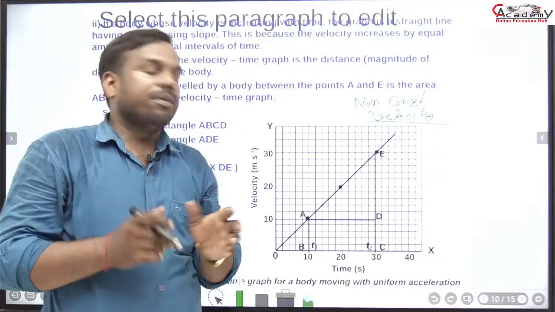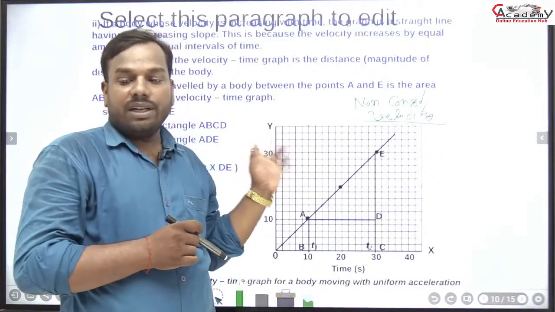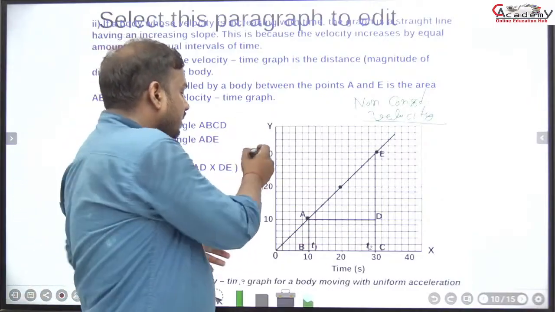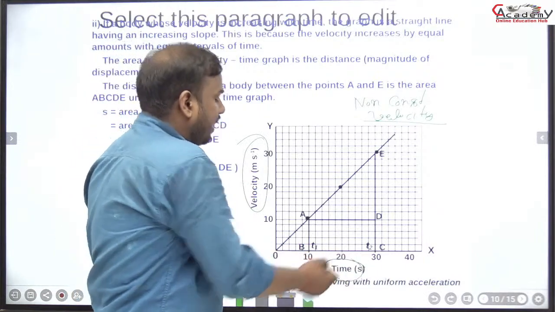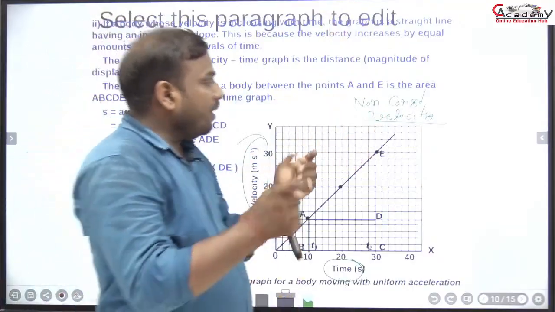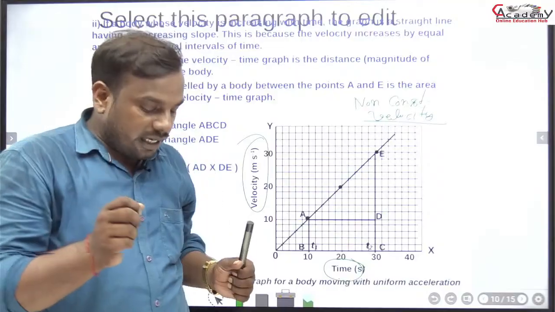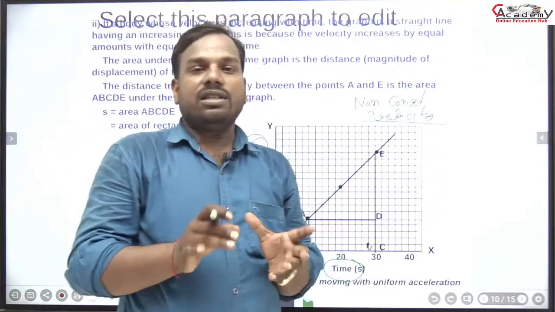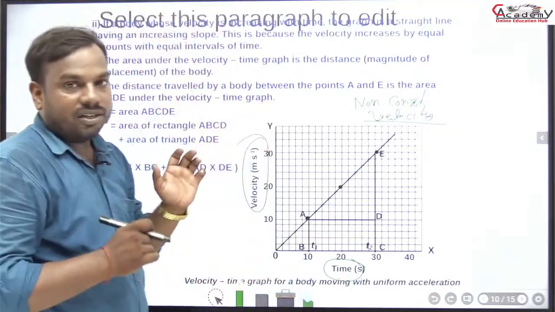We draw the velocity time graph, and we know that on the x-axis we take time and on the y-axis we take velocity. We know the definition of acceleration. What is acceleration? Change in velocity per unit time is called acceleration.